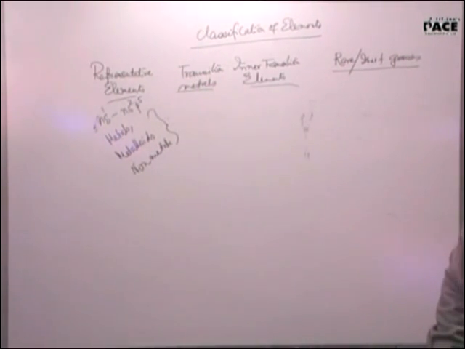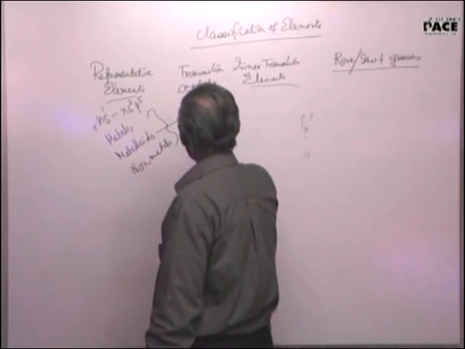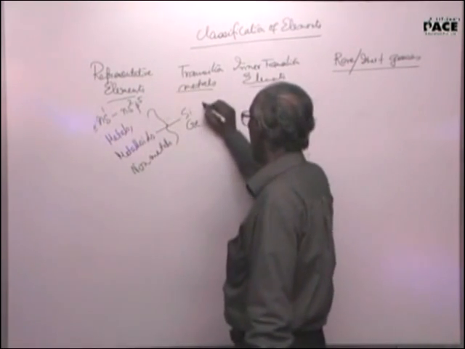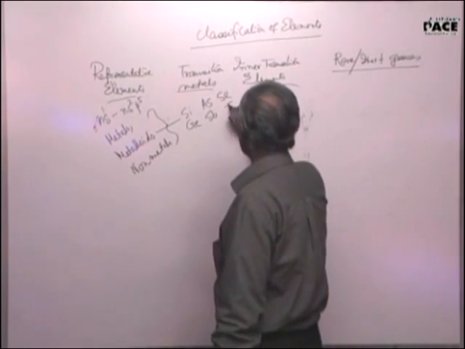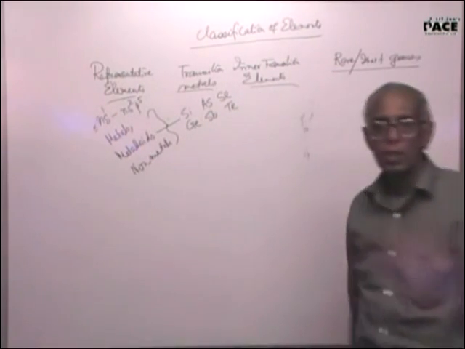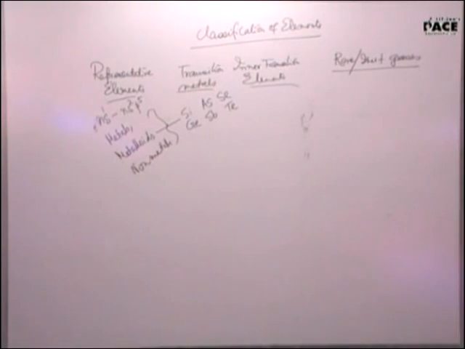The metalloids are silicon, germanium, arsenic, antimony, selenium, tellurium. These 6 are metalloids.